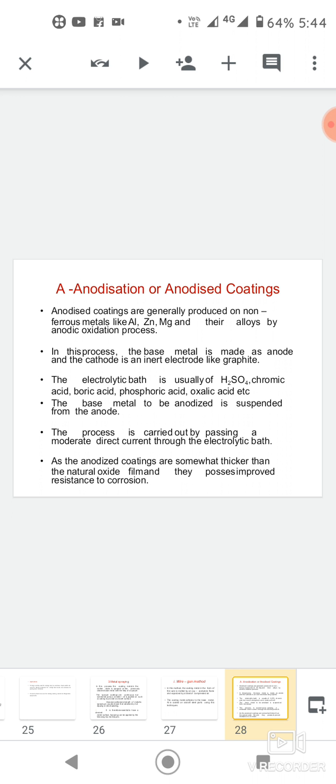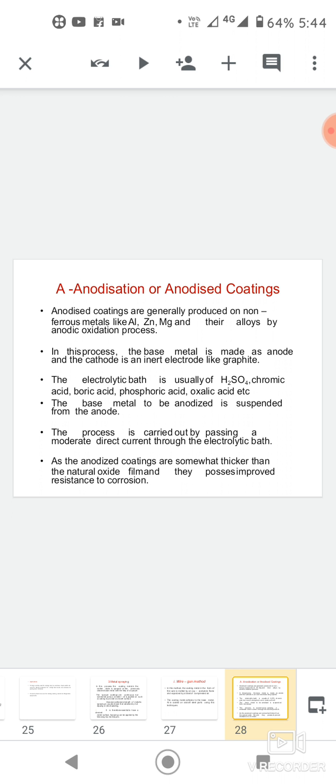It is used on aluminum both for decoration and for protection of the base metal. The articles to be anodized are first cleaned properly.